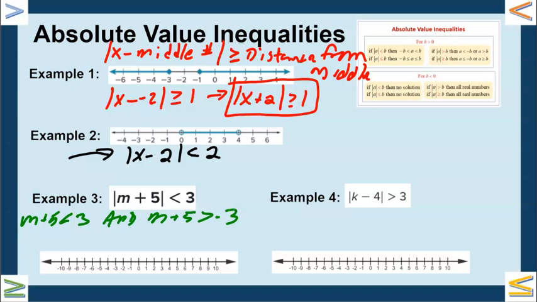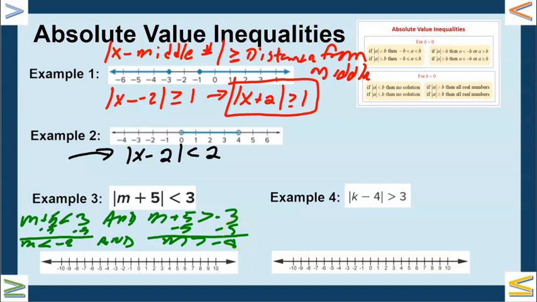And now I can solve. So for this one, I'm just going to subtract 5. And now I have m is going to be less than 3 minus 5, which is negative 2. And here I'm going to subtract 5, and now I have m is greater than negative 8.